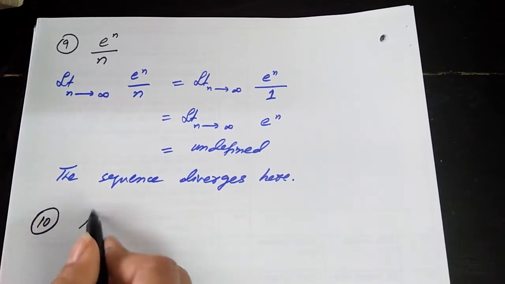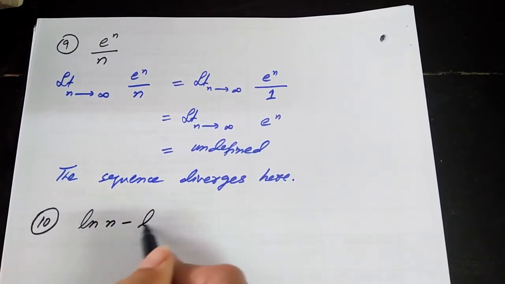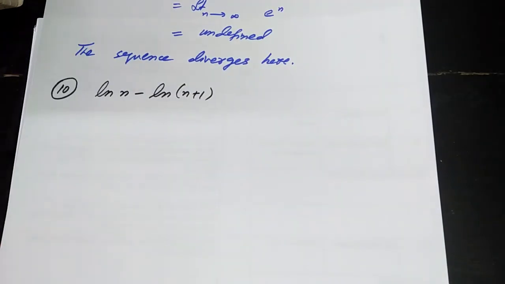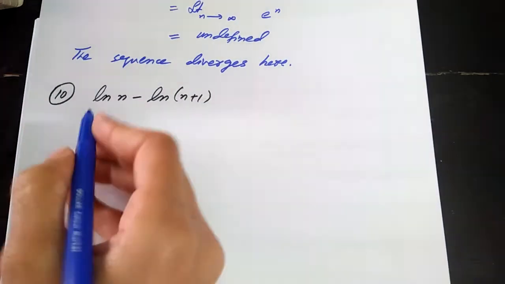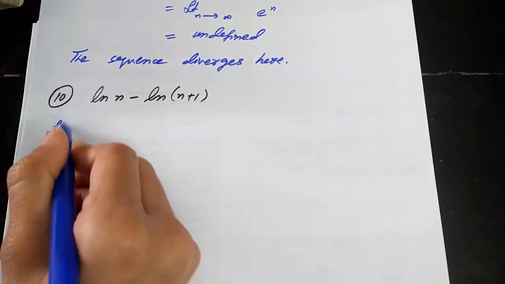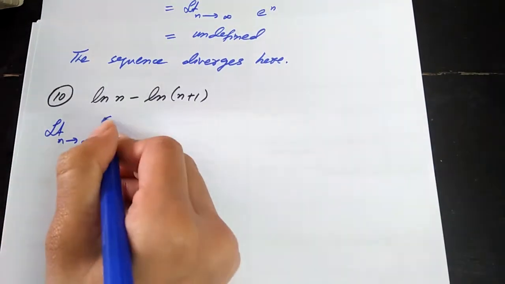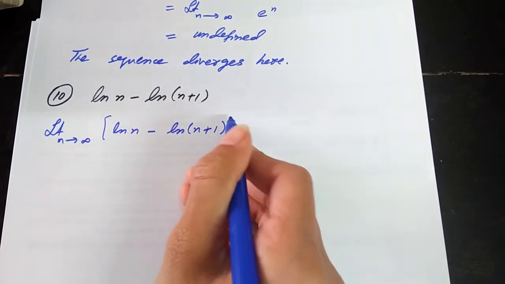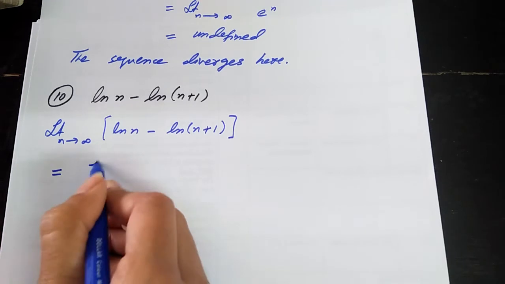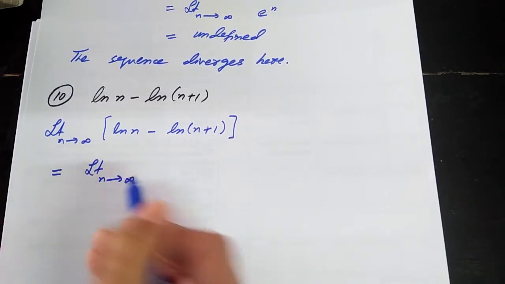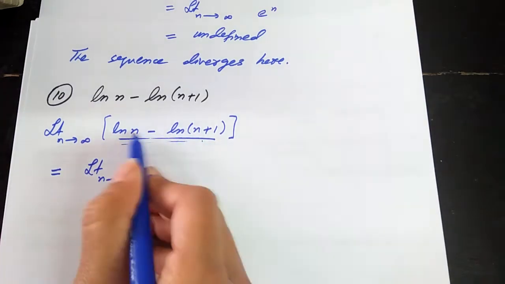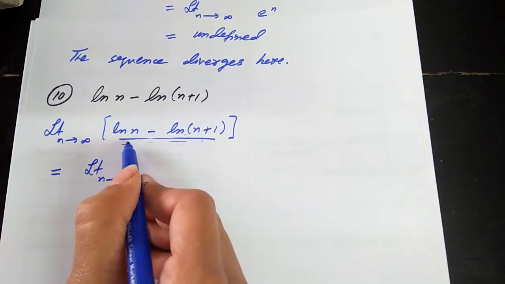Question number 10. ln n minus ln(n plus 1). Limit as n approaches infinity of ln n minus ln(n plus 1). We know that this is a property of the natural logarithm. If we have two separate natural logarithms, we can combine them.